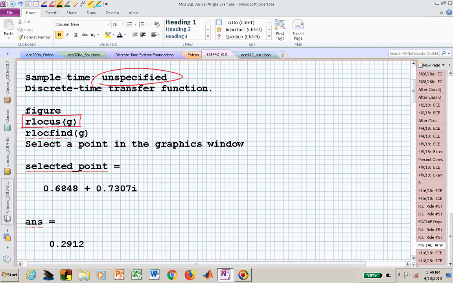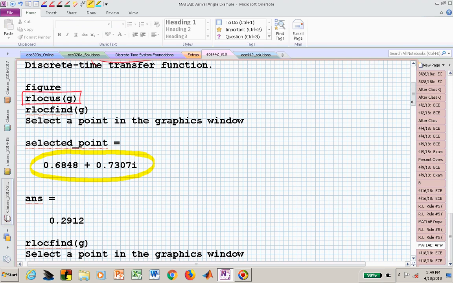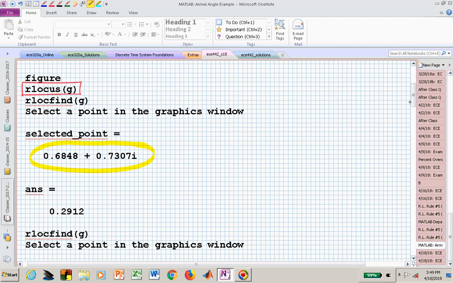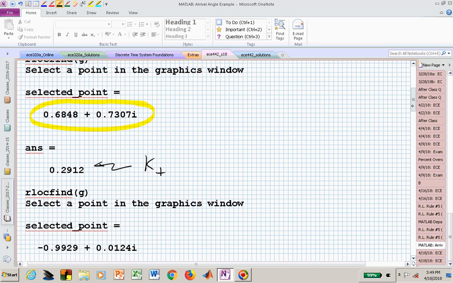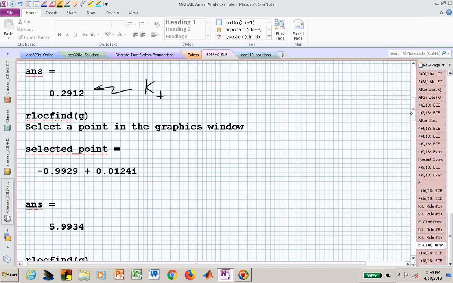Here you can see that I've now located my crosshairs at 0.68 plus j0.73, and that's at a gain of 0.29. What did I call that? Did I call that now my K plus? Then I went ahead and found what is the K at minus 1 to make sure that I actually exited the unit circle.